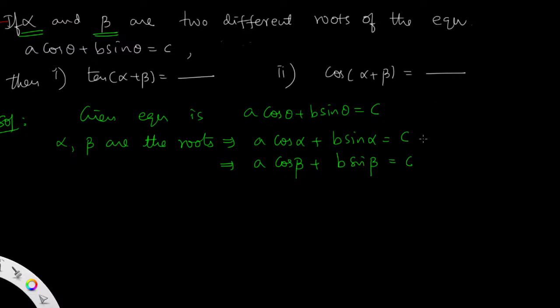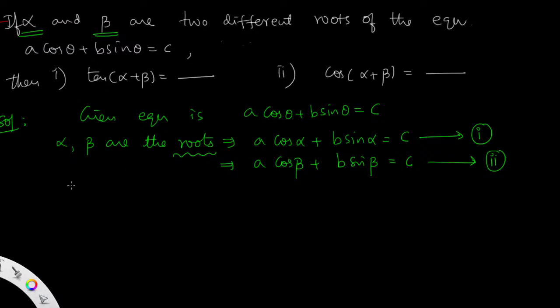This is the first equation and this is the second equation. Why? Because these are the roots, and roots satisfy the equation. In the place of theta we write alpha, and in the second equation we write beta.